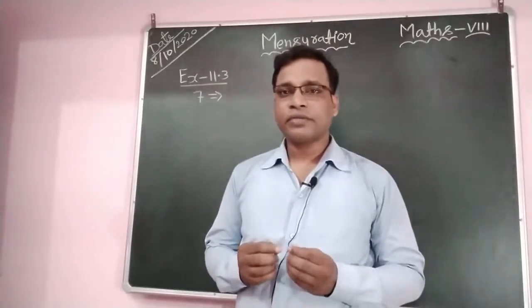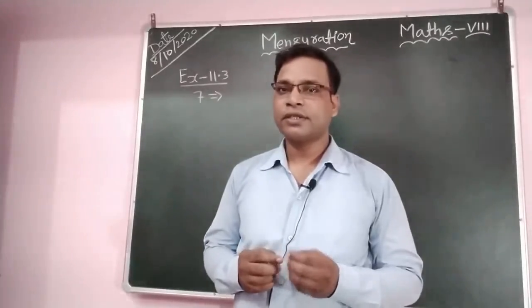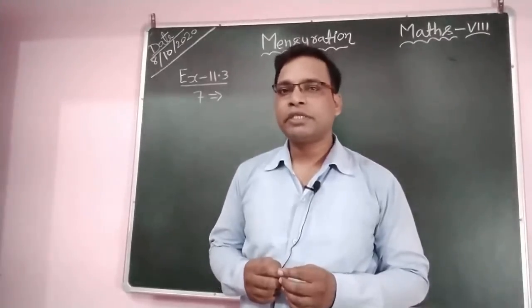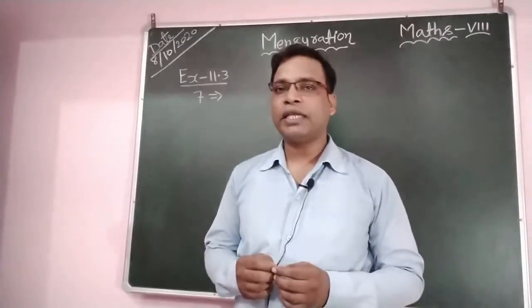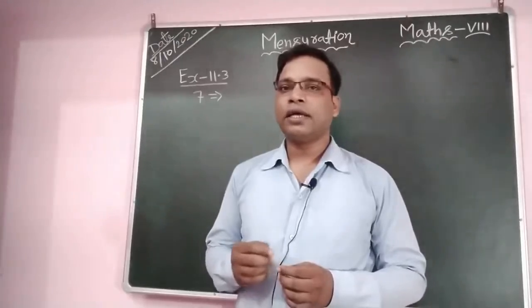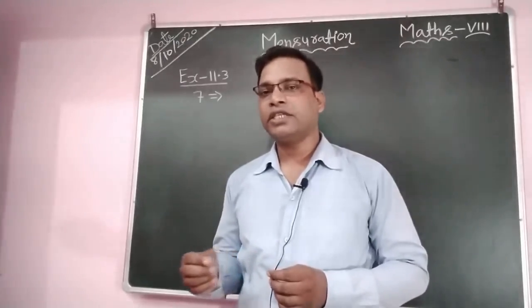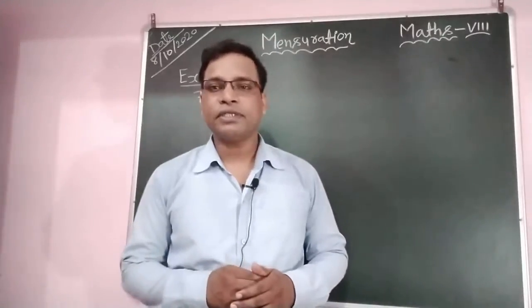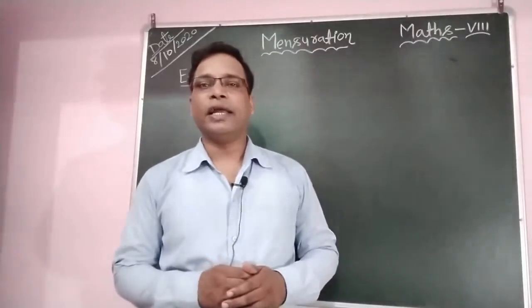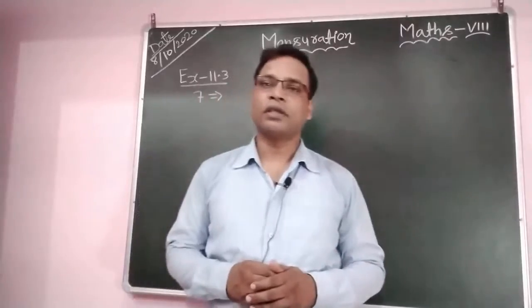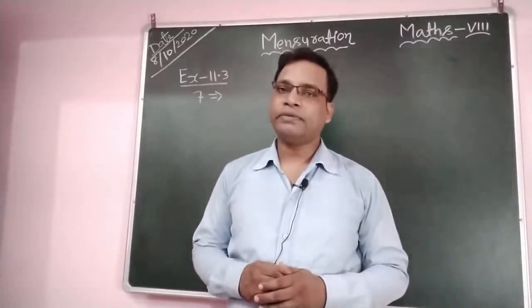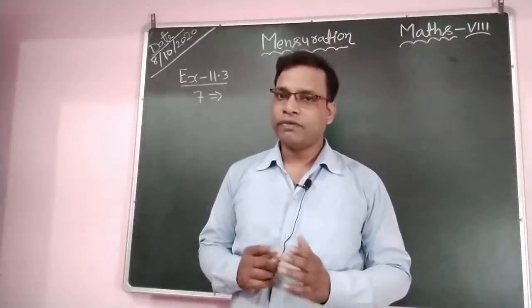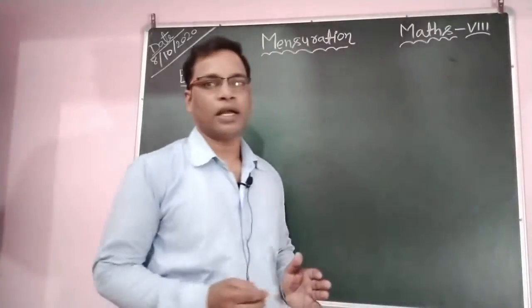Yes, TSA, the total surface area of a cylinder, is 2 pi r into (h plus r), where r represents the radius of the cylindrical tank and h represents the height, and the value of pi you know very well.